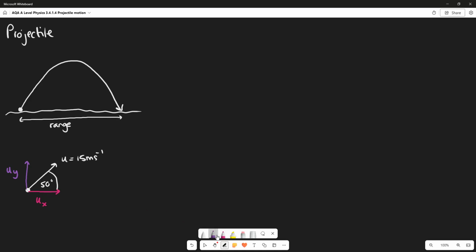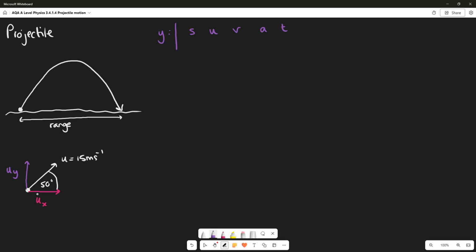Okay, so let's start off purely vertical. So we've got our object, it's going to travel up to this height and back down again. And that's how we're going to model it. So in the y direction only, let's have a look and see what information we have.